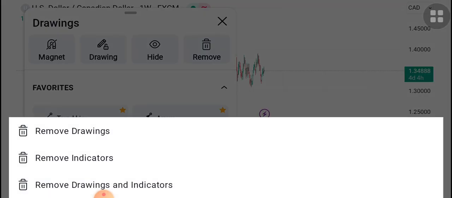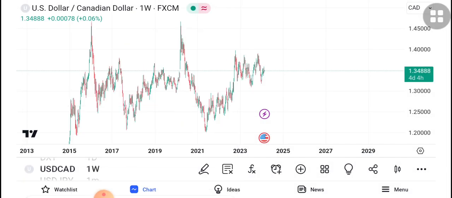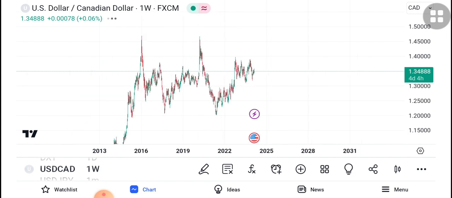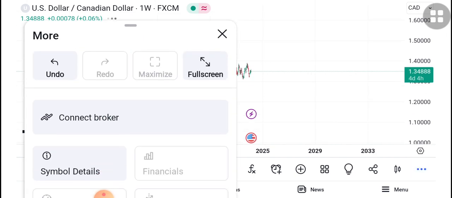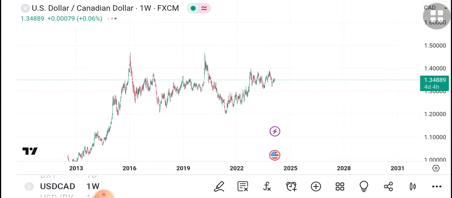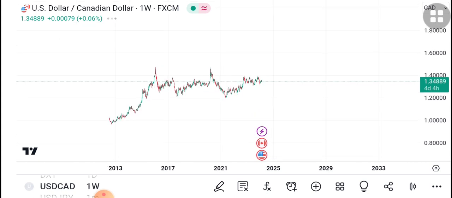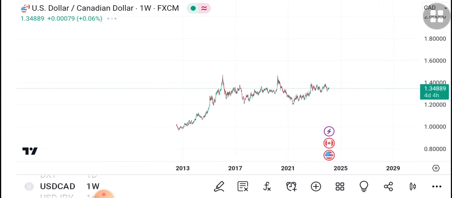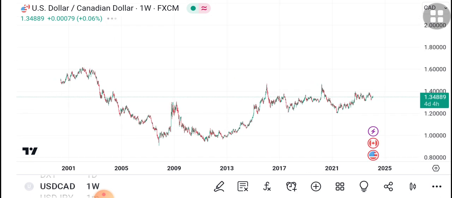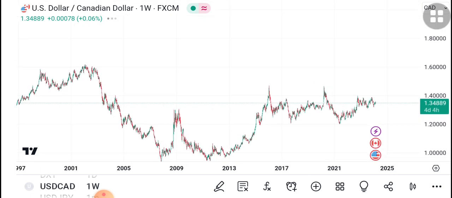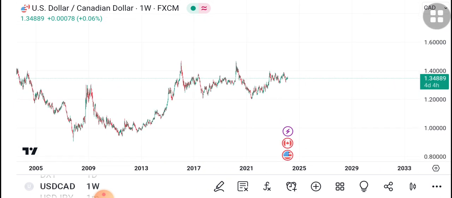Let me just remove every drawing and indicator that I had previously. As I said, we start from our weekly time frame. On the weekly time frame, this is what we have. We're gonna zoom out, check everything that we need to check before we start.